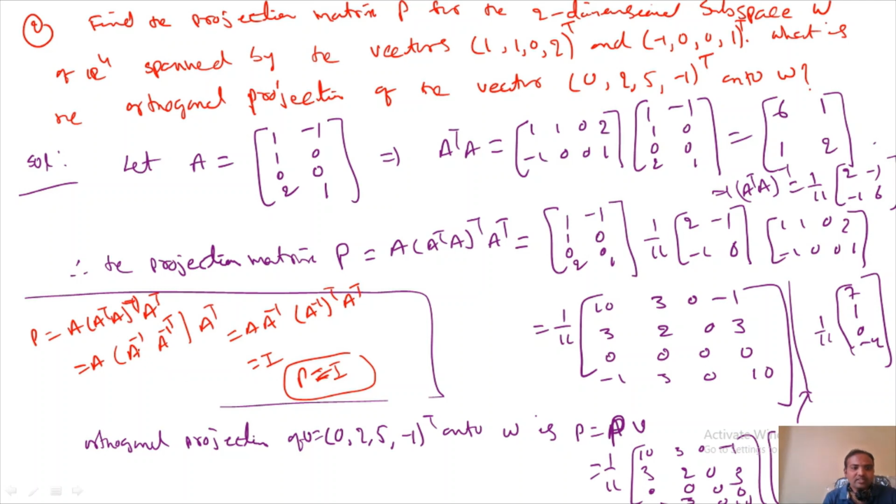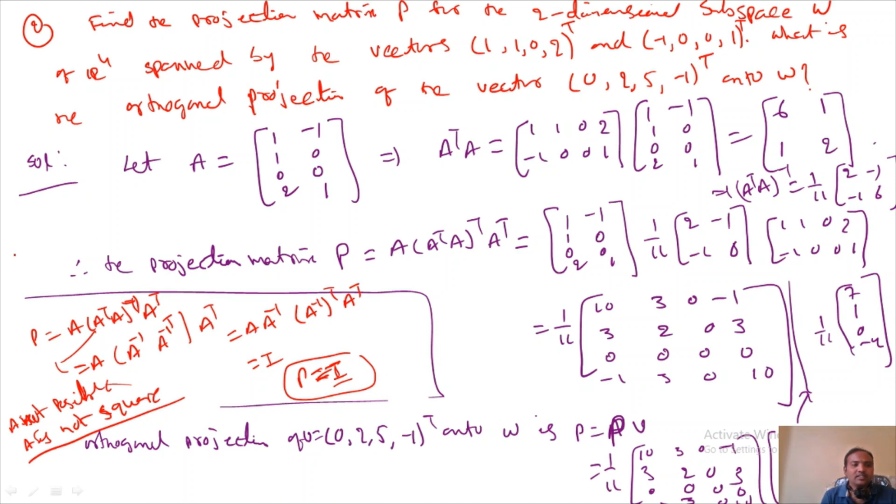We are splitting A transpose A inverse, but here A is not a square matrix. That means the splitting is not possible. Don't split like this; if you split, you get identity. It's not possible to split because it's a rectangular matrix. If it's a square matrix, that is possible, and the projection matrix is the identity.